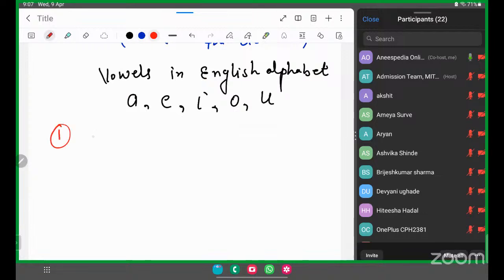First is tabular form, in which we represent the set using a capital letter V or any other letter X, Y, Z. We put curly brackets and all the vowels are listed individually: A, E, I, O, U.